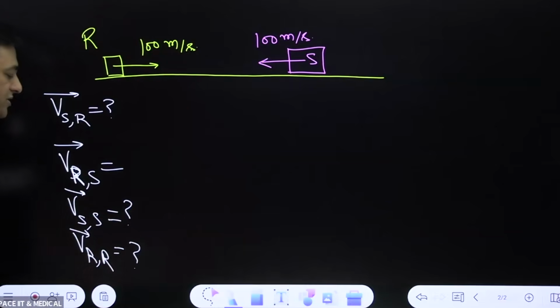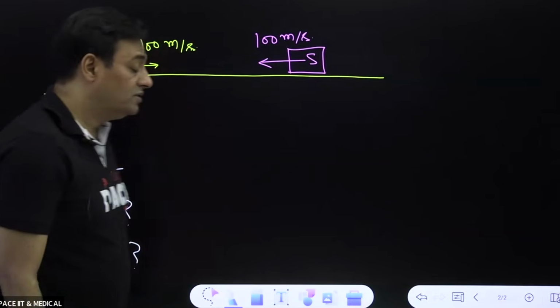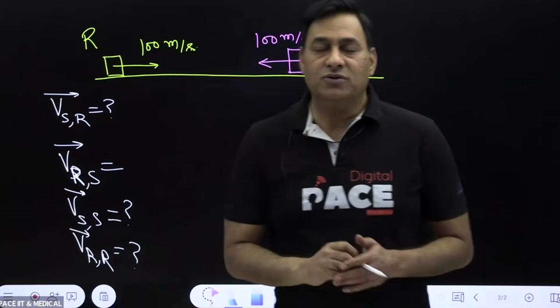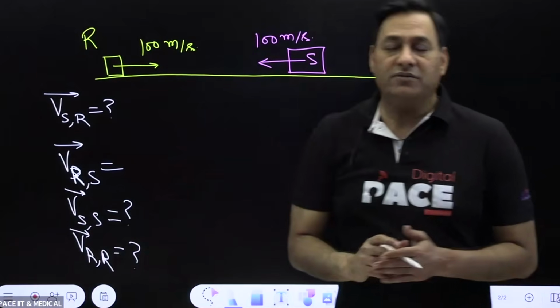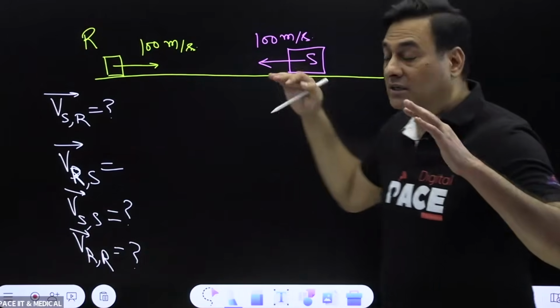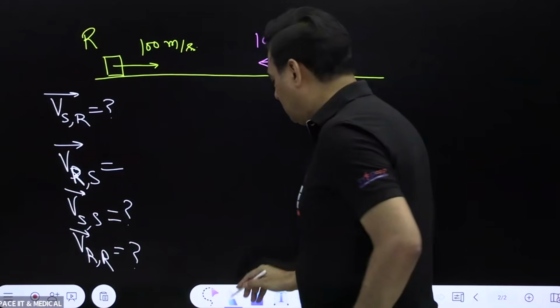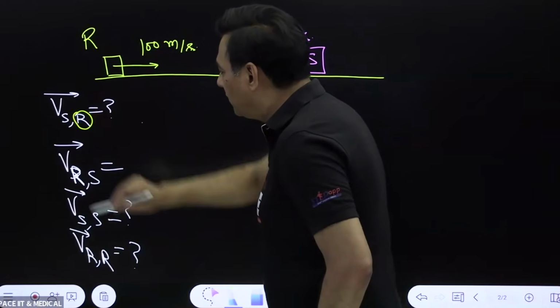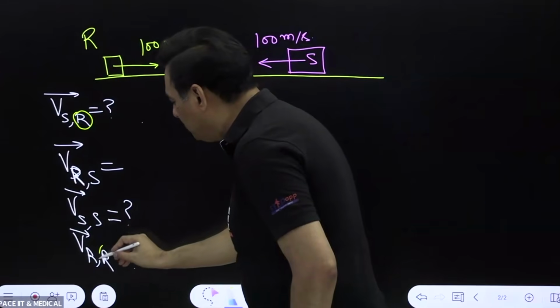Now let's answer all these four and understand the physical meaning, how it is going to be. So when we say the observer is Ram, suppose Ram is the observer here. Okay. Here also Ram is the observer.